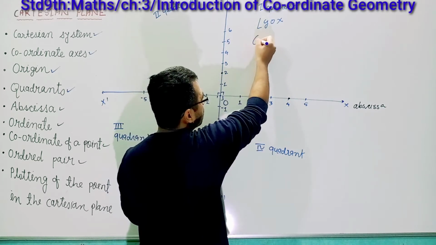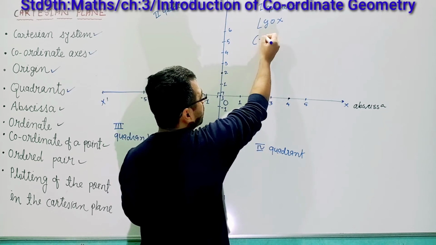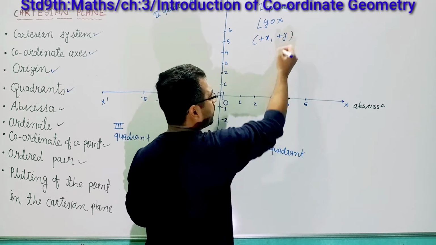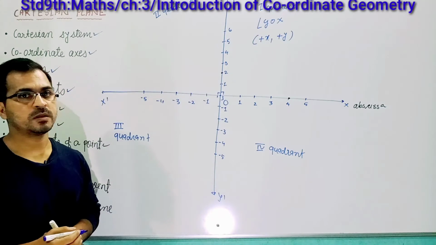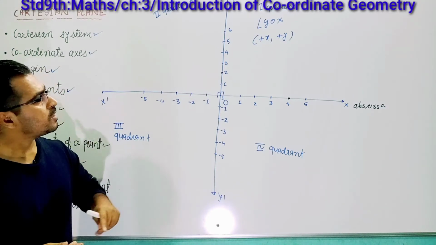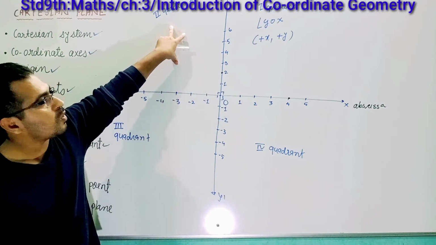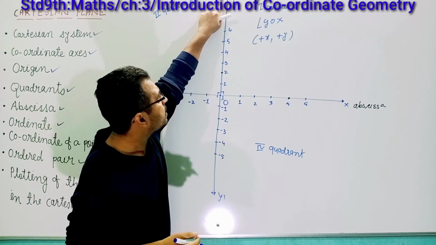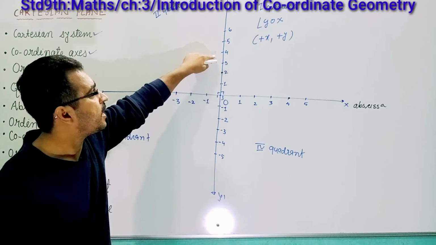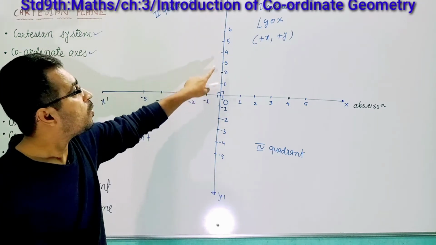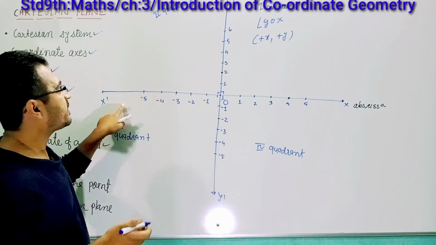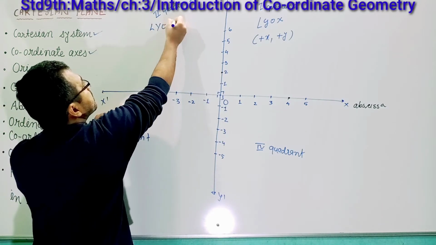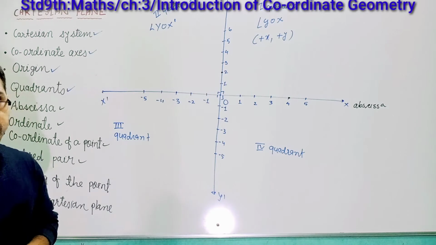It means in this quadrant the value of x will be positive and the value of y will be positive. Right students? Now moving to the second quadrant, the region included by angle YOX dash.